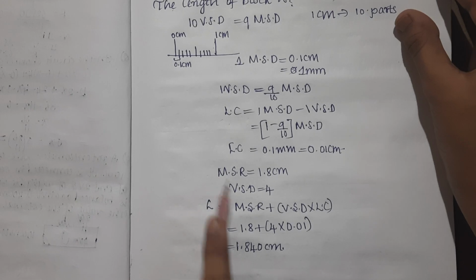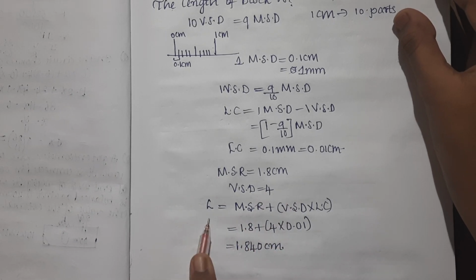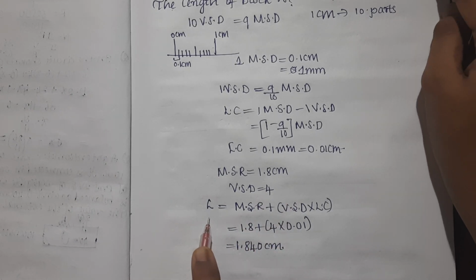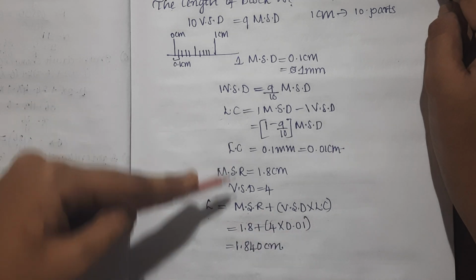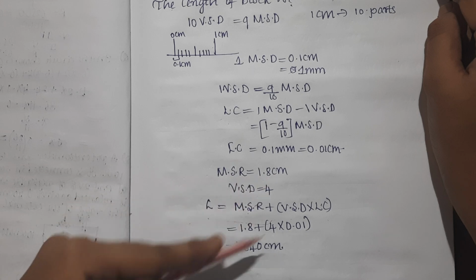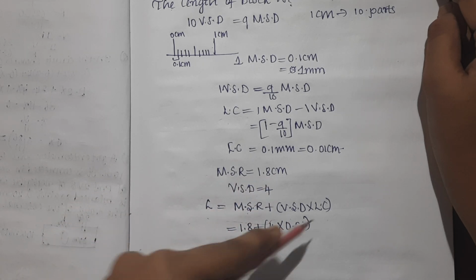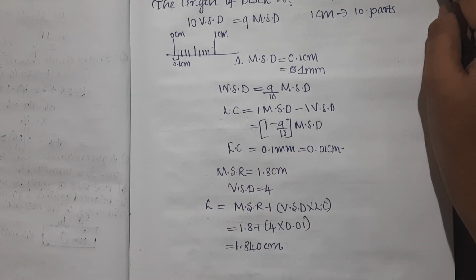It means your VSD, that is Vernier coincidence, is equal to 4. Now by using the formula L is equal to MSR plus VSD into LC, we can find the length of the block. Substituting, MSR is 1.8 plus VSD 4 into least count 0.01 centimeter. We get 1.84 centimeter.